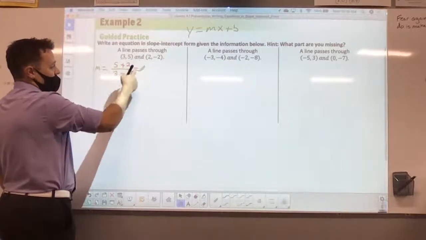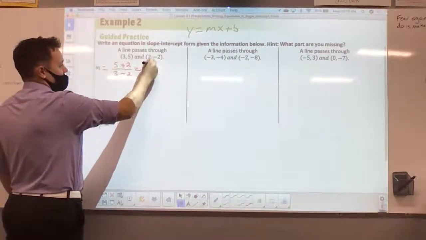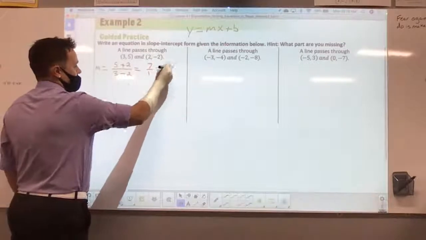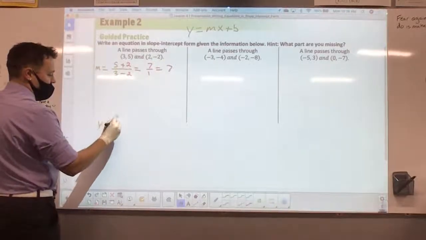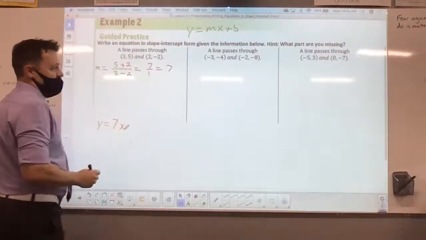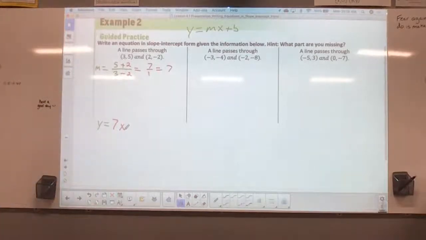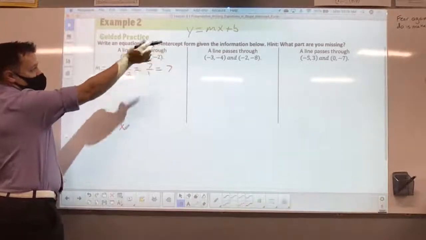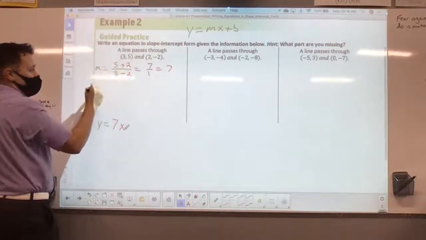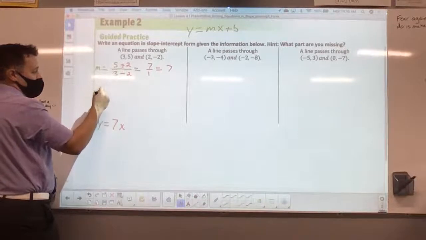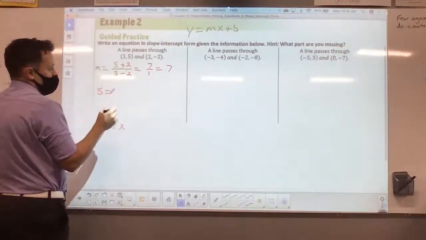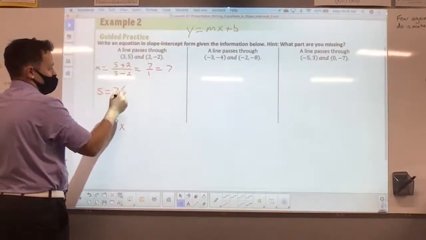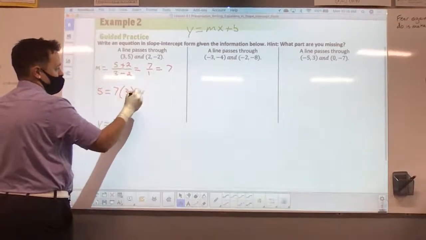So you know your y coordinate is actually what? 7 over 1 or 7. So m equals 7, so I can go here, 7x. Now what are we looking for? It's the b value, right? Your b, it doesn't matter which point I choose, so I'll do the first one. 5 equals m times x plus b.